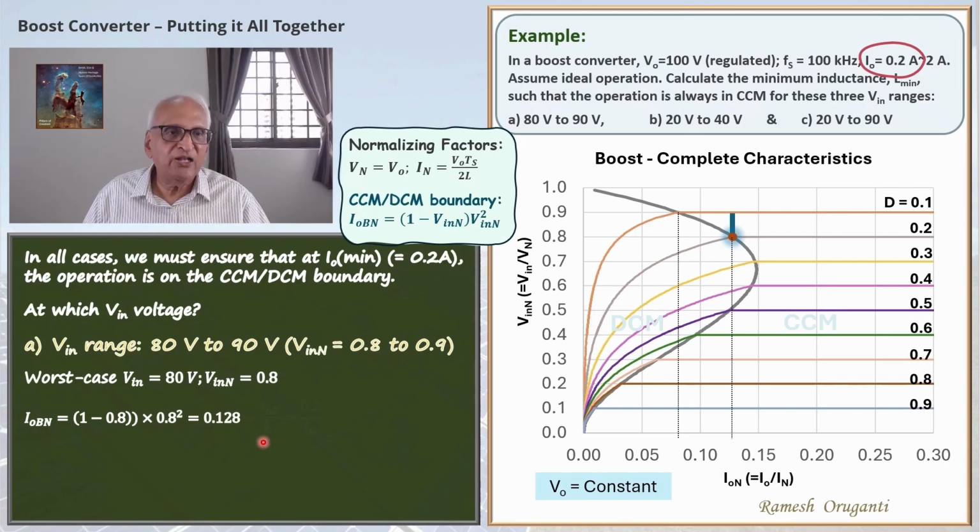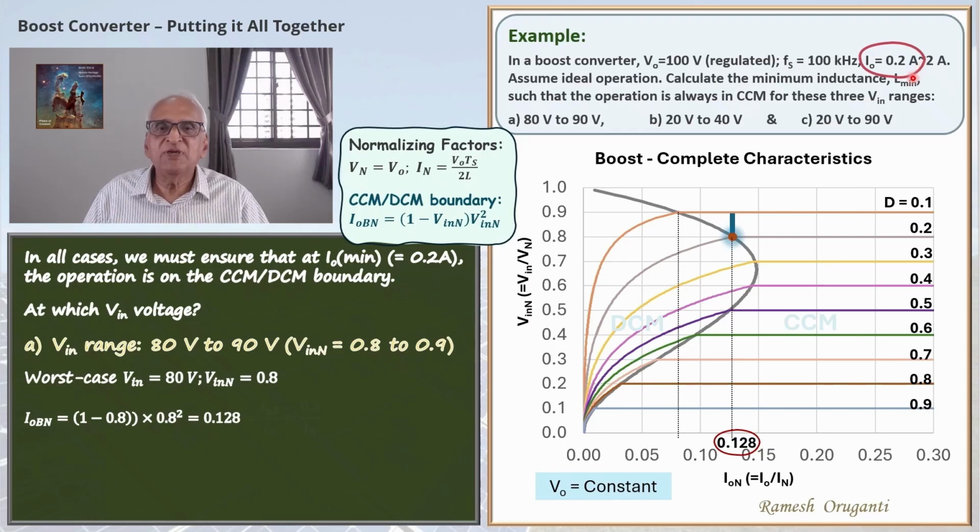So this value here is 0.128. In other words, we are planning to choose the inductor in such a way that ION becomes equal to 0.128 when the current is the minimum value 0.2 amperes.